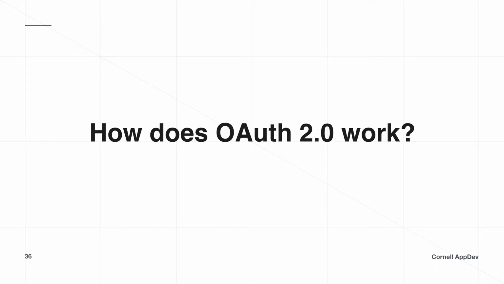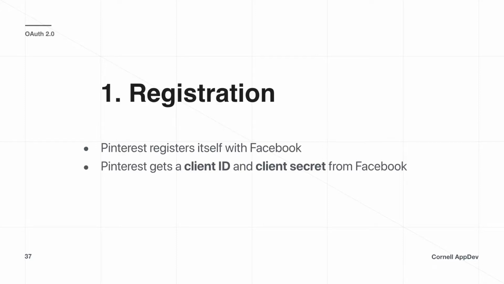So how does this work? High level. First, your application is going to have to register itself with the resource server. So say that you're the developer of Pinterest and you want users to be able to log into your app, Pinterest, with Facebook and Google, or I guess Facebook in this case. So Pinterest will register itself with Facebook.